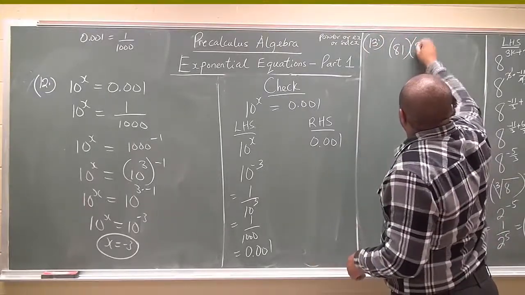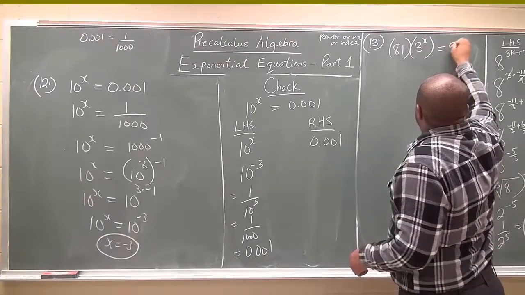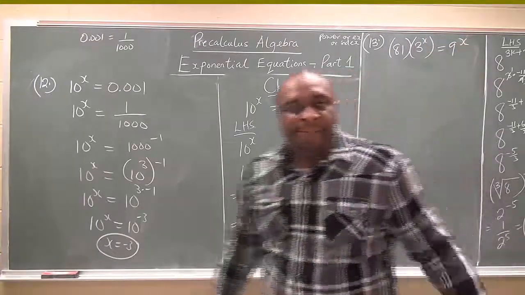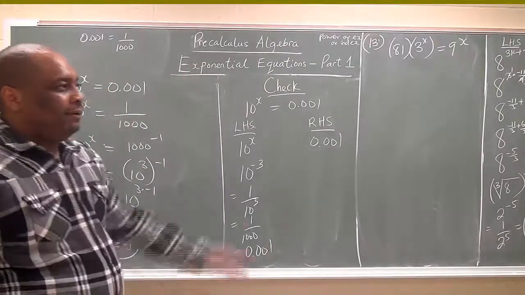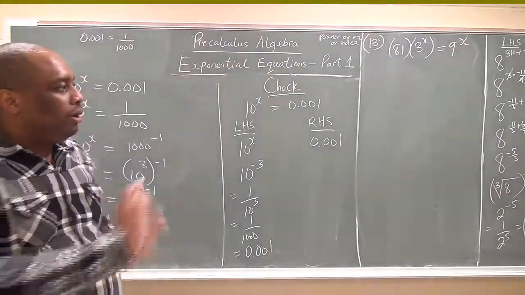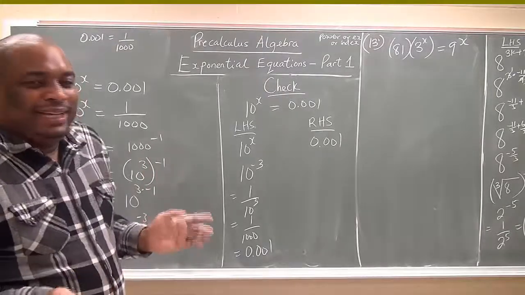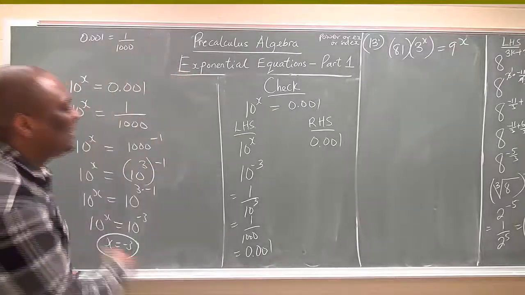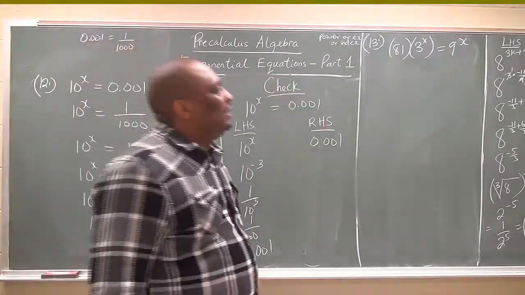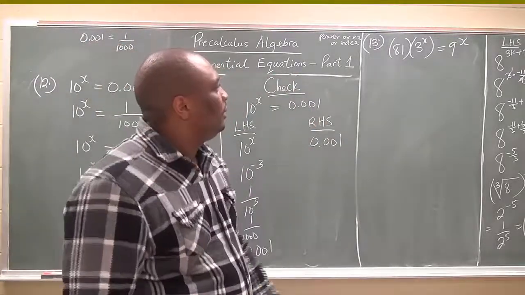81 times 3 exponent x is equal to 9 exponent x. Right? You know, we start from the simple questions to the more challenging questions. Okay, so how do we solve this?